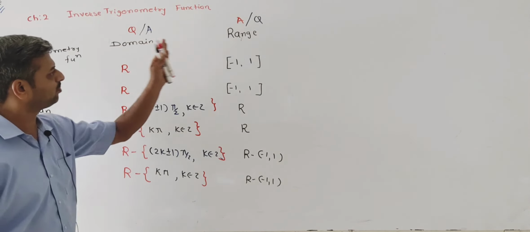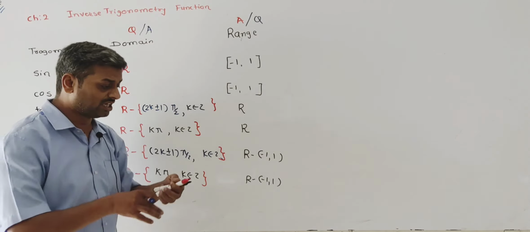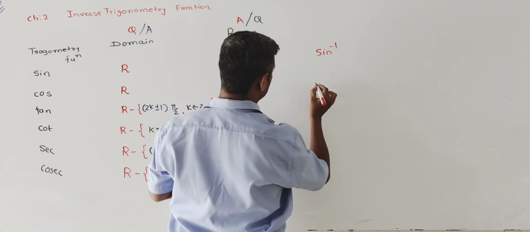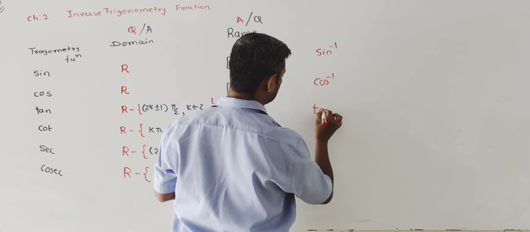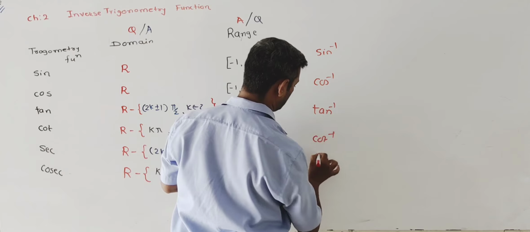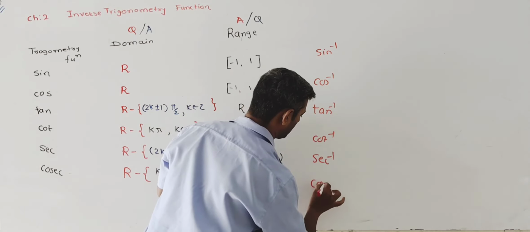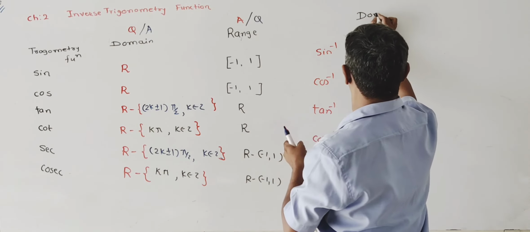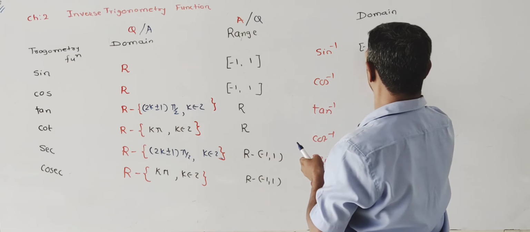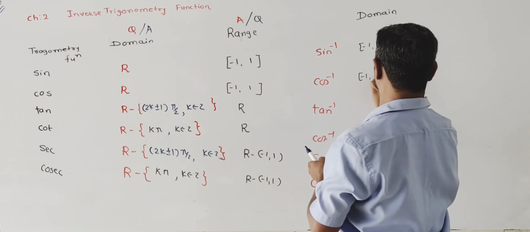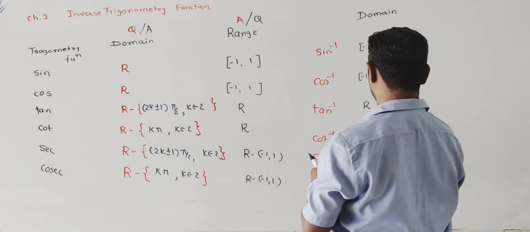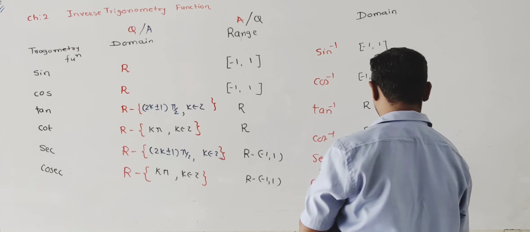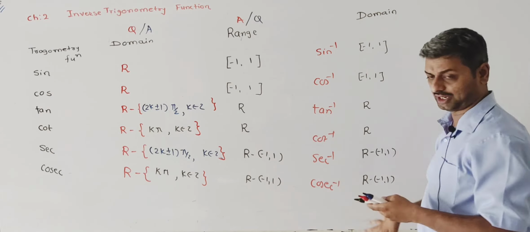So the range of the trigonometry function becomes the domain of the inverse function. For sine inverse the domain is -1 to 1, cos inverse -1 to 1, tan inverse R, cot inverse R, and sec inverse and cosec inverse R minus (-1 to 1). These are the domains of the inverse functions.